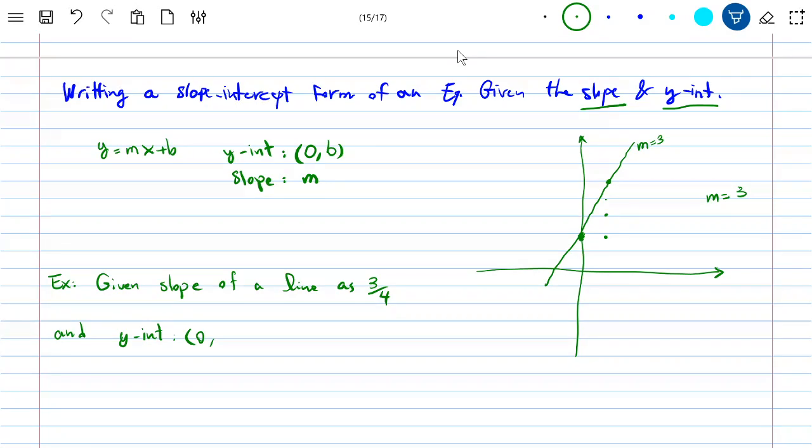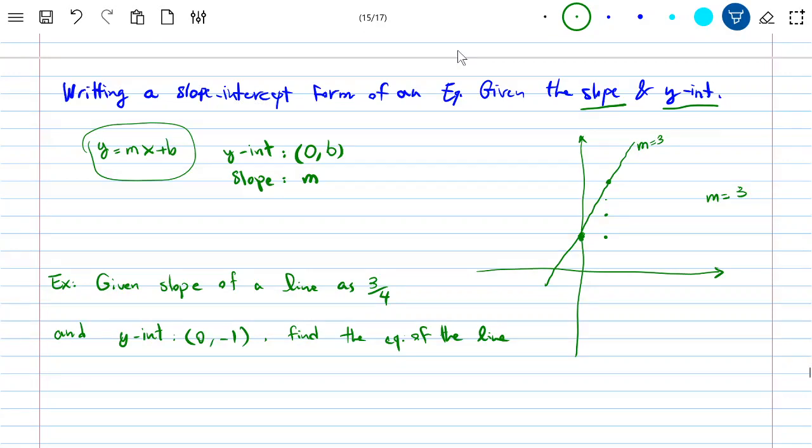The x-coordinate is 0, but the y-coordinate is a number. Let's say -1. Find the equation of the line. In this case, what is given is the information, and what they want is the equation of the line.